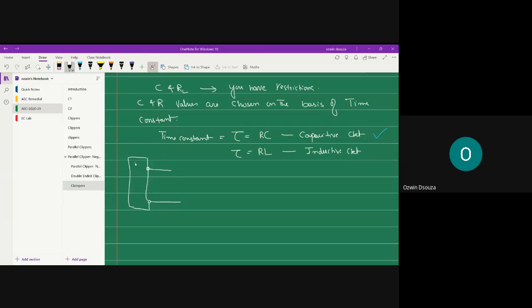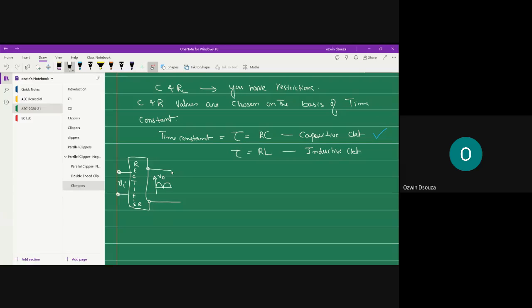This is the input to the rectifier, and the output of the rectifier will be kind of rippled output, right?